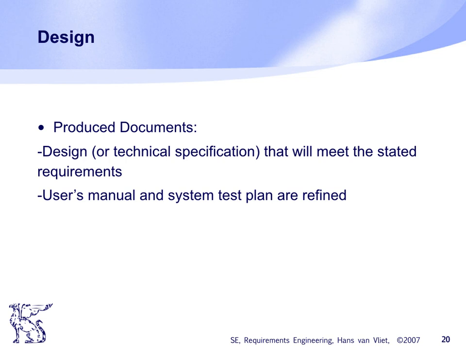Different applications require different kinds of documentation, but traditionally design documentation has included information about the components you have carved the system up into, what the responsibilities of those components are, what their data flows are, and so on. Also, we have to provide a user manual at the end of this design phase.